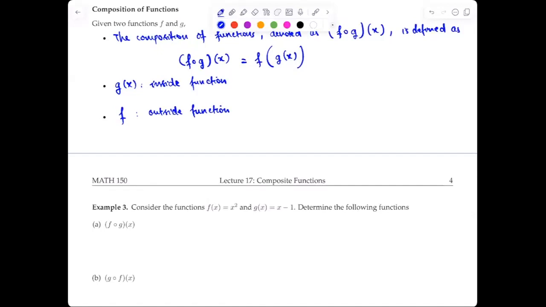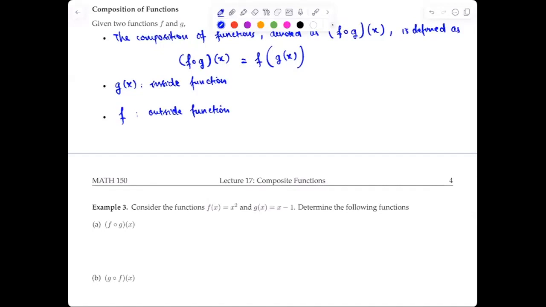And again, as I mentioned last time, we need to learn how to find composite functions, because after this lecture we're going to learn exponential functions and logarithmic functions, and they are inverses of one another. In order to show that two functions are inverses of one another, you need to show two conditions, or technically just one condition.